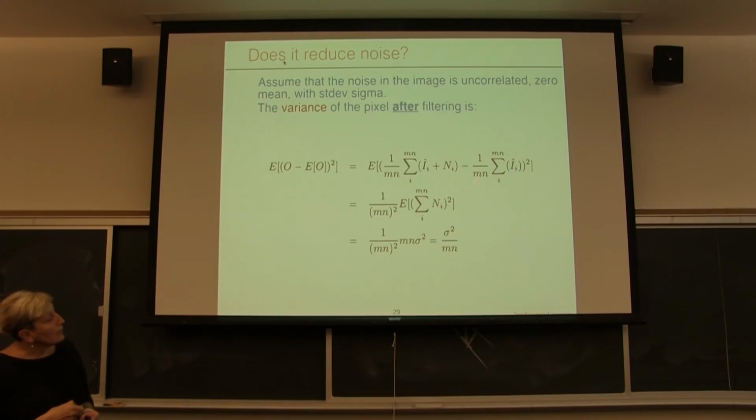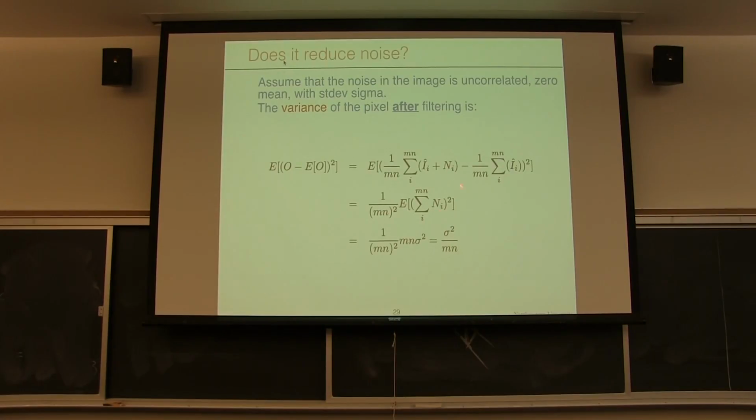And I'm claiming that this thing is equal to mn sigma square. Why is that? Why can I say that the expected value of this sum of noise squared is equal to mn sigma square?